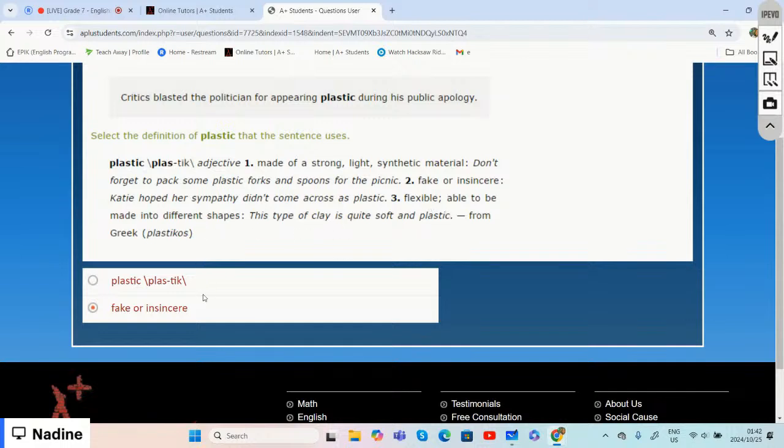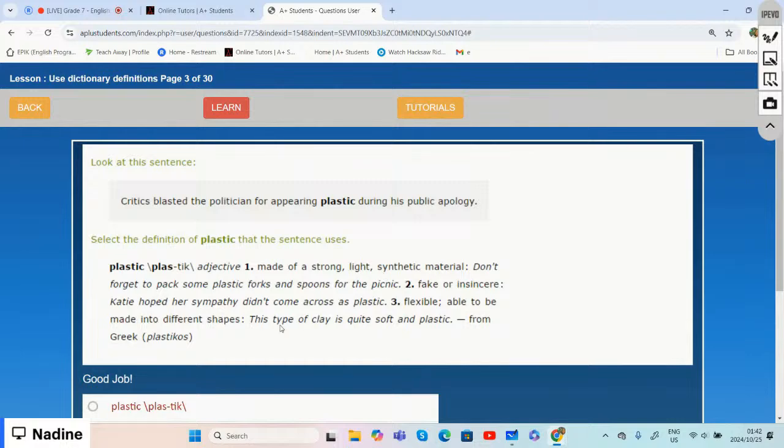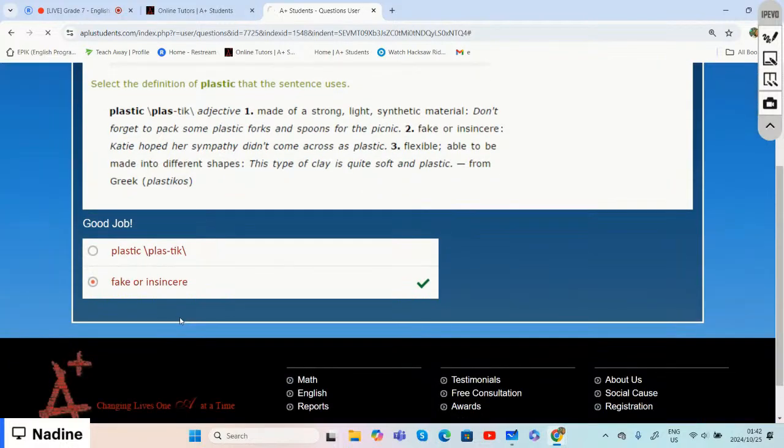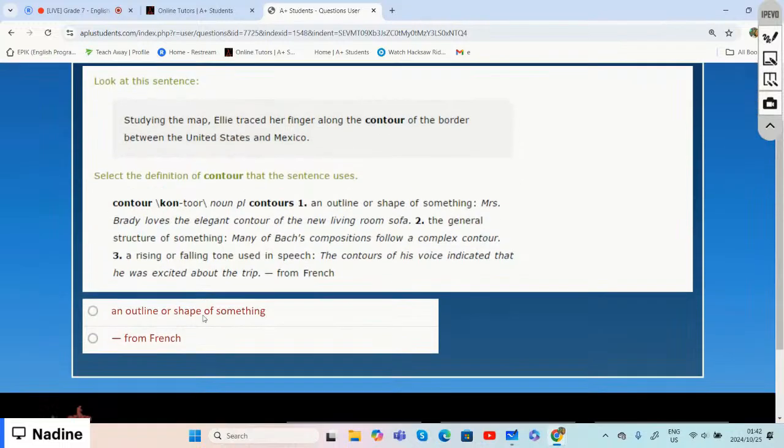Katie hoped her sympathy didn't come across as plastic. And plastic is either fake or insincere. So well done. We need to now find the definition of contour, the meaning of the word contour.